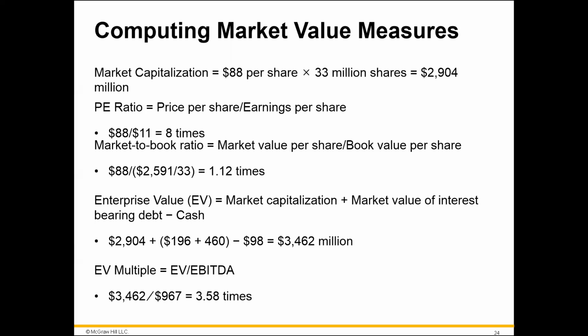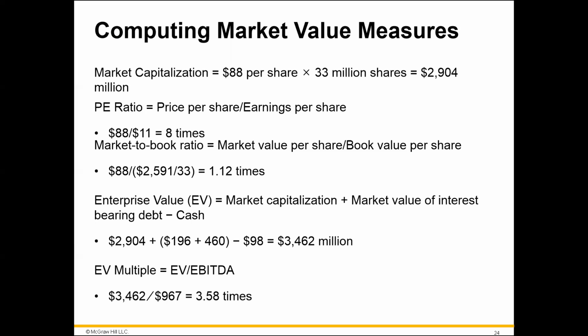What about the enterprise value? Enterprise value is a more comprehensive measure. It is the market cap plus the market value of interest bearing debt minus cash. Which means the market value of the assets except the cash, right?